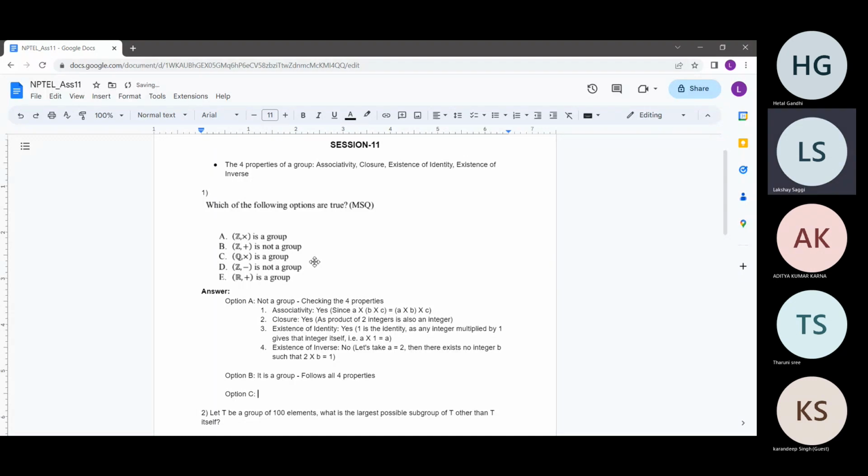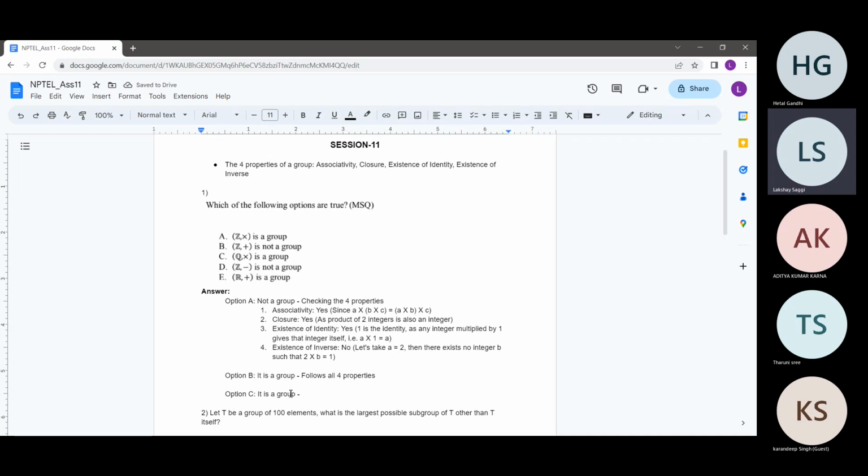So option C says that set of Q is set of rational numbers. I hope this notation is clear that Q denotes the set of rational numbers. So set of rational numbers, comma multiplication is a group. So this statement is actually true that it is a group. And why is this the case?